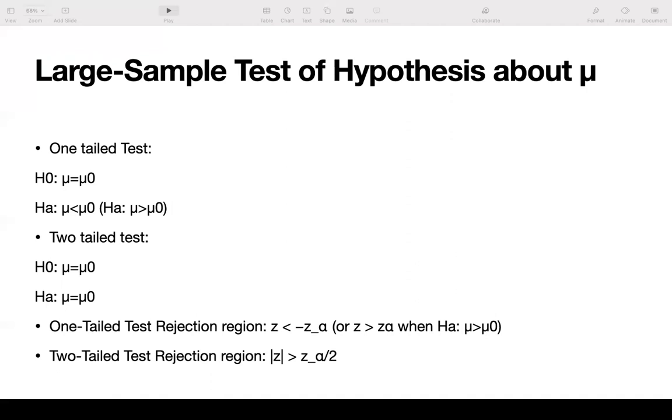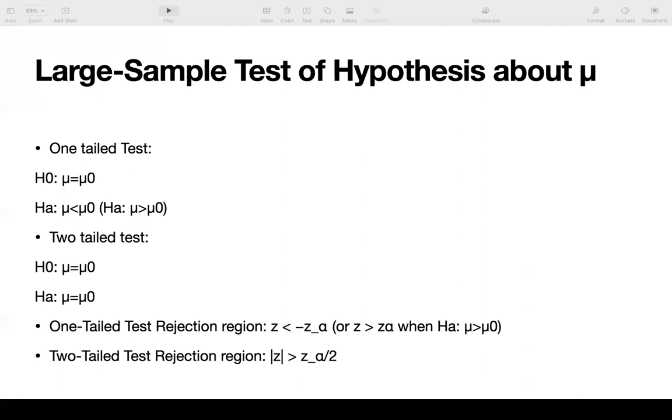For the two-tailed test, we write the null as mu equals mu0, which is the same as the null for the one-tailed test, and the alternative as mu does not equal mu0. Sorry about the typo. For the one-tailed test rejection region, we have Z is smaller than negative Z alpha, or Z is bigger than Z alpha when the alternative states that mu is bigger than mu0.